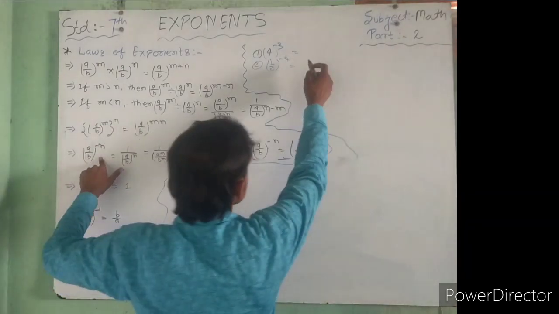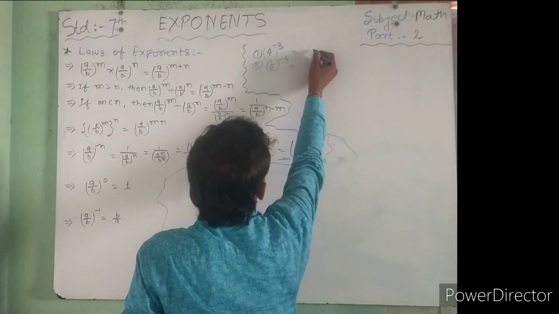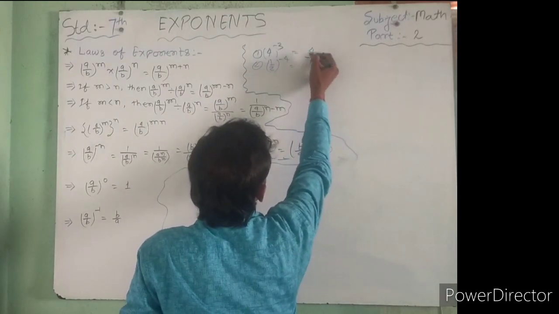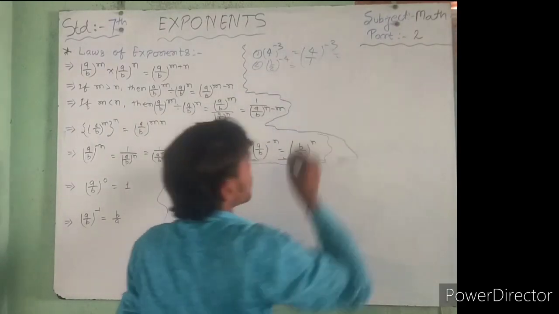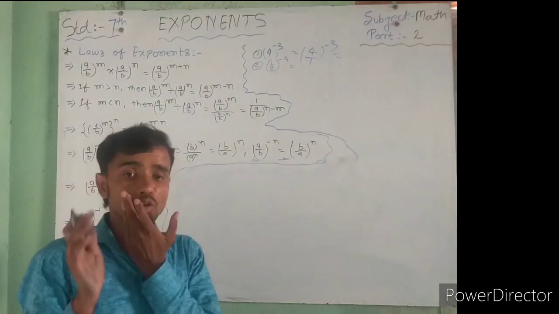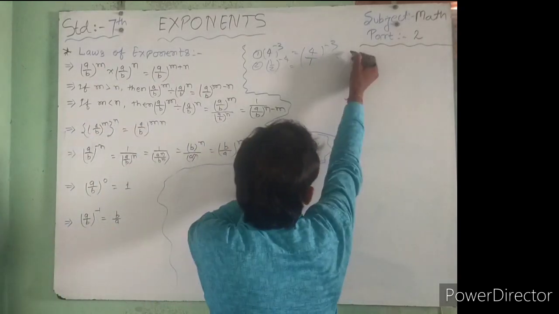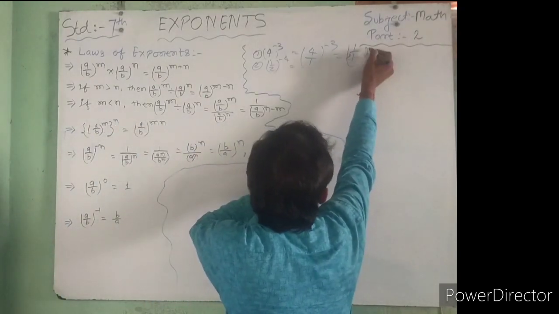So when you start the solution, you take 4 by 1 power minus 3, and convert it to this format, it means 1 by 4 power 3.